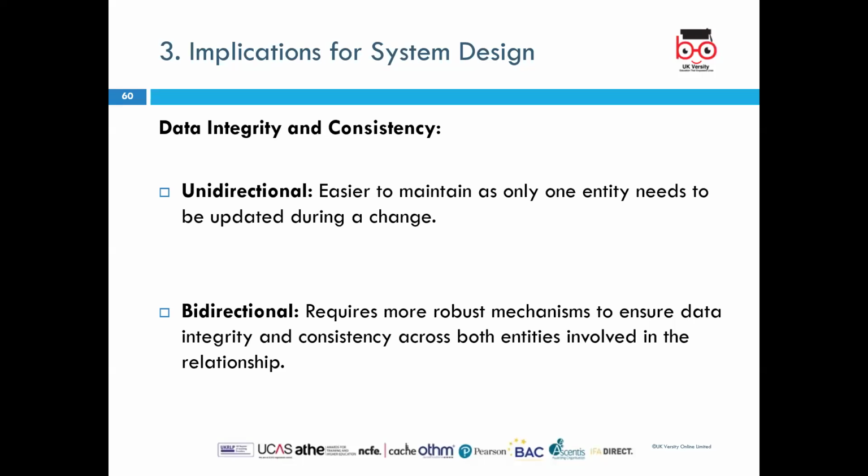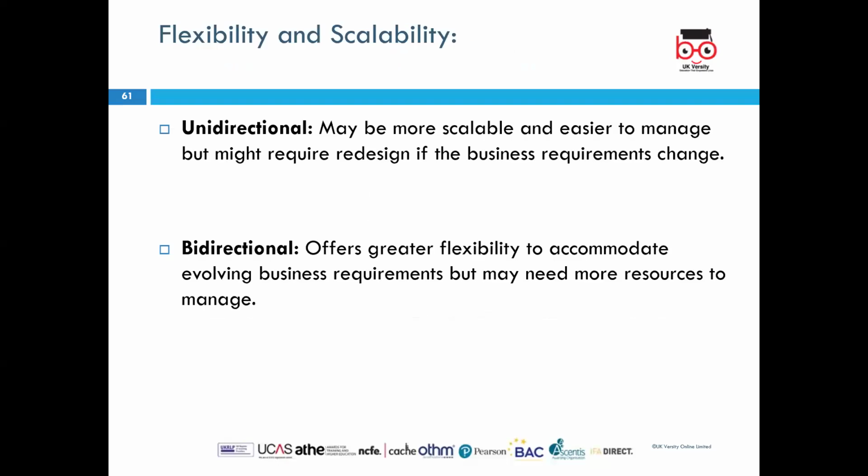With the unidirectional, it's going to be easier to maintain as only one entity needs to be updated during changes. While with a bidirectional, we require a more solid mechanism to ensure that integrity and consistency stay intact across both entities involved in our relationship.